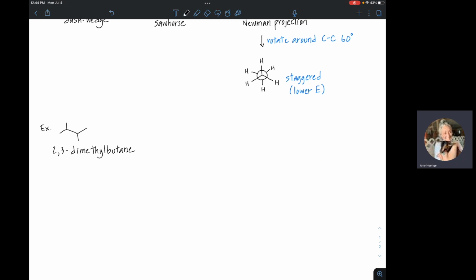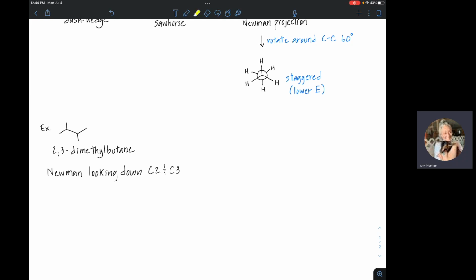So we have 2,3-dimethylbutane. We're going to draw a Newman projection, and we're going to look down carbon 2 and 3. So Newman, looking down C2 and C3.